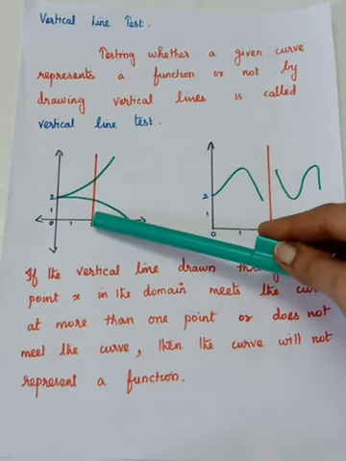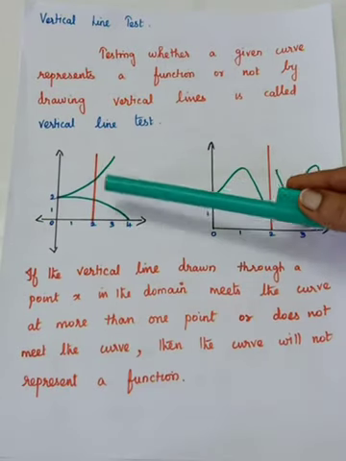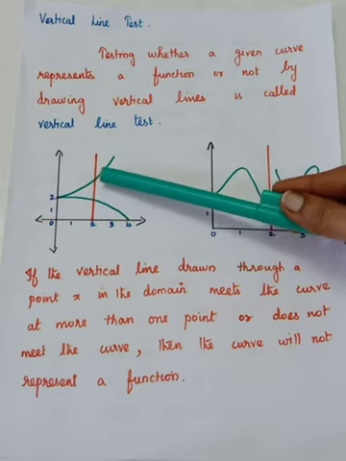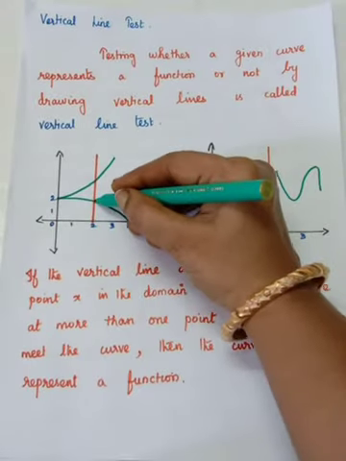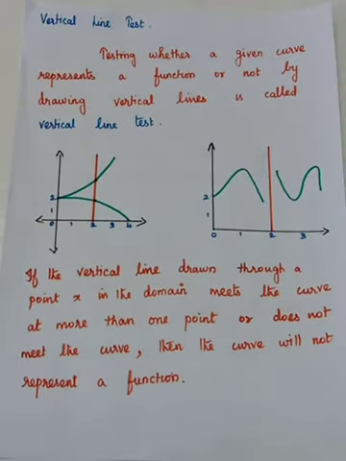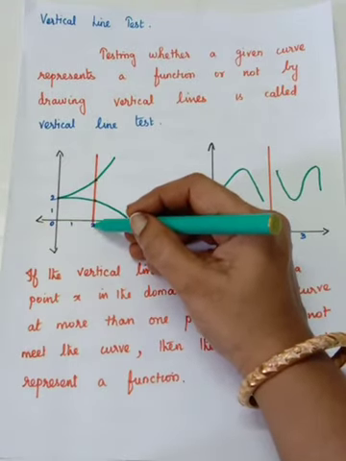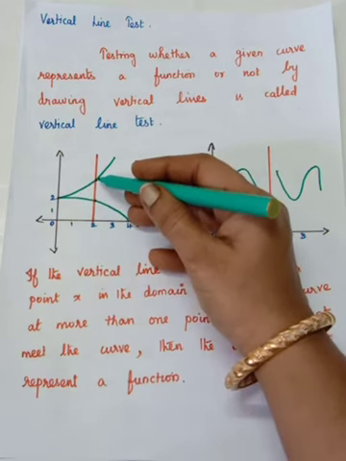This orange vertical line touches the green curve at two different points, here as well as here. So from this, what can you understand? At x equal to 2, you will have two values for y.